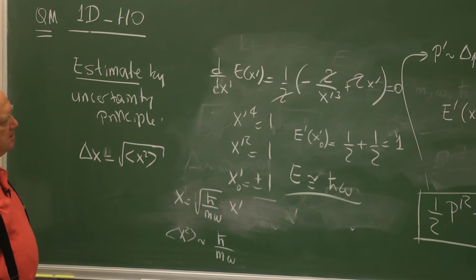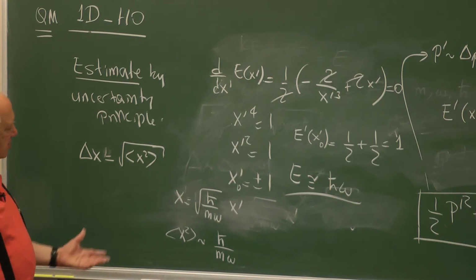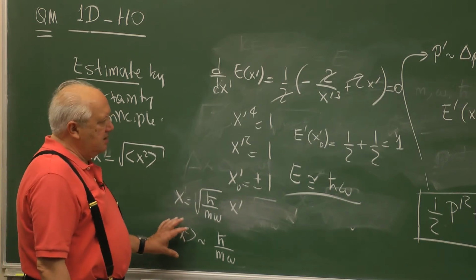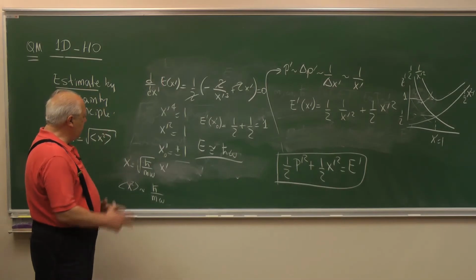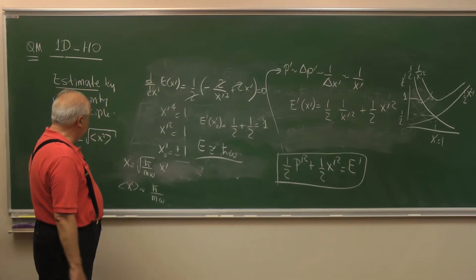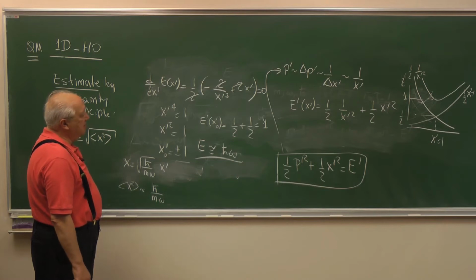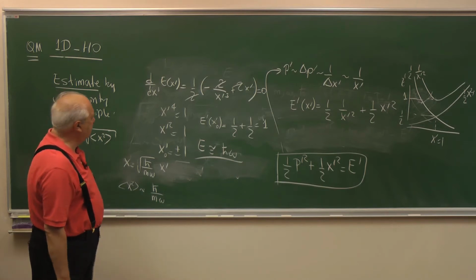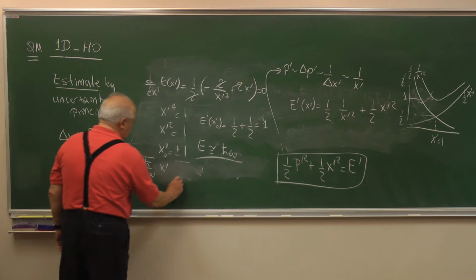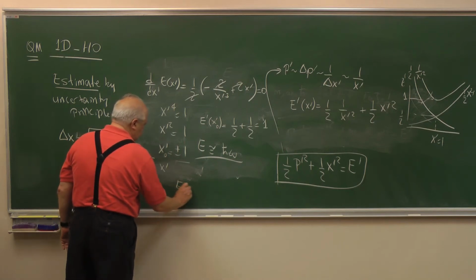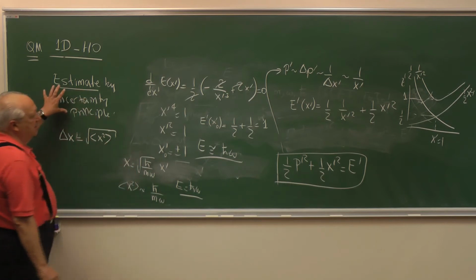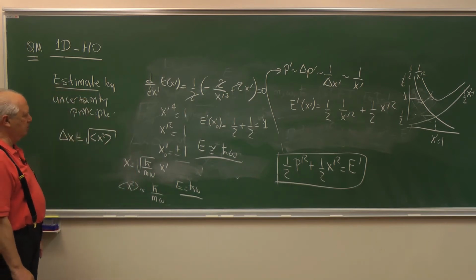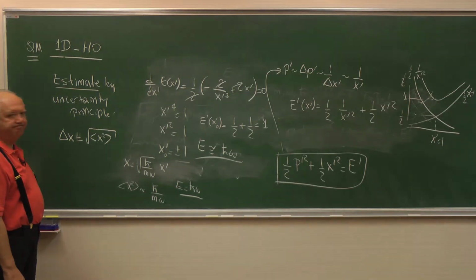So this is giving an estimate about the size of the lowest state of the oscillator and the energy of the oscillator, which we found as h bar omega. Again, I repeat, these are rough estimates, not exact quantum solutions.